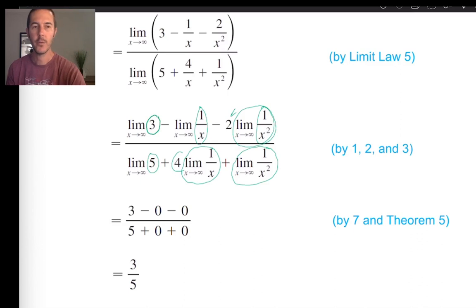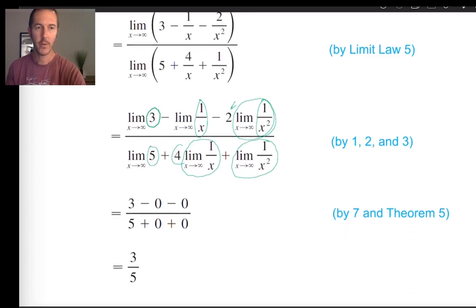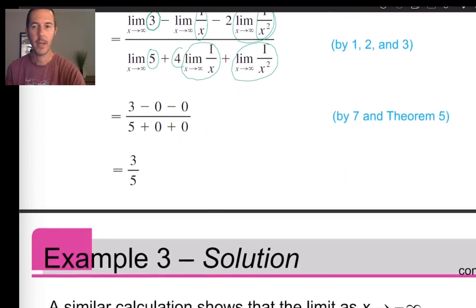So while there is a shortcut, and then even later we're going to learn another shortcut, it's good that you understand that there are these limit laws that are going on behind the scenes in order to have us very legitimately arrive at a solution for this particular problem of 3/5.